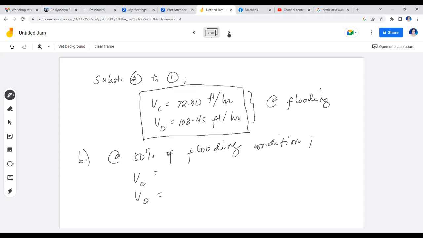Your V C is 36.15 feet per hour, and your V D is 54.2 feet per hour.